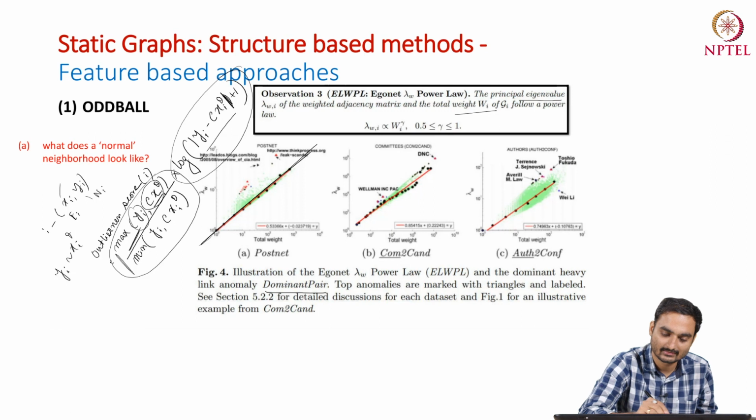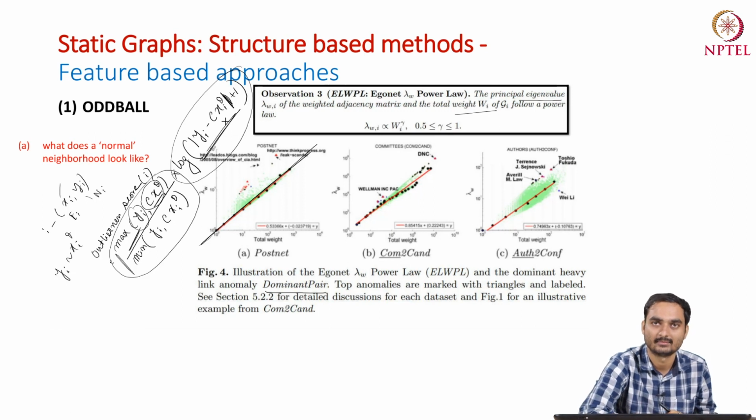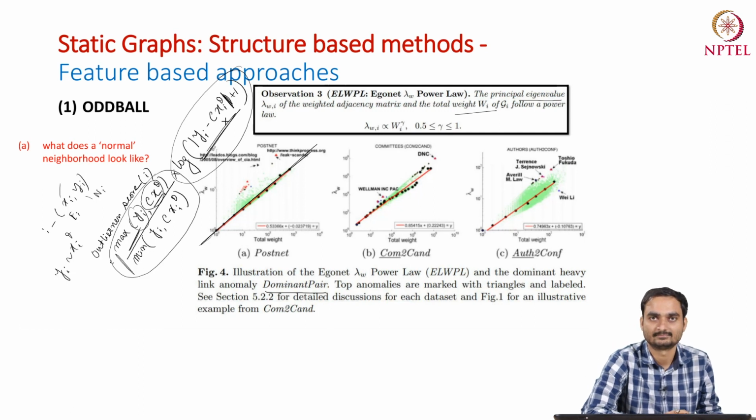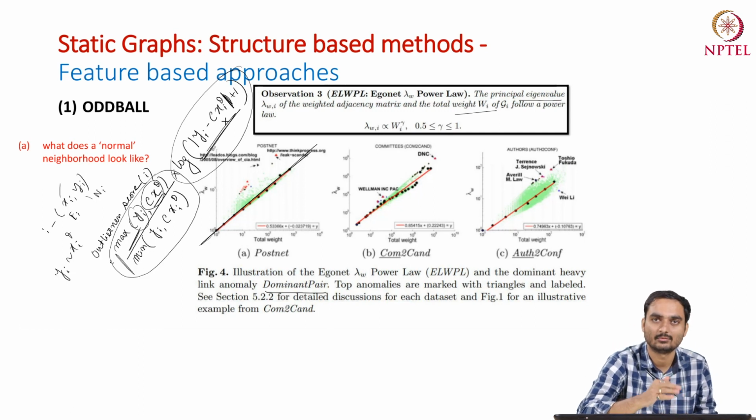And this is another error component, but in a log scale, and the higher the value, the higher the outlierness score. This is one way of capturing the deviation. You can have another way, but this is a very simple, very effective, scalable, unsupervised way. Therefore they propose this approach.